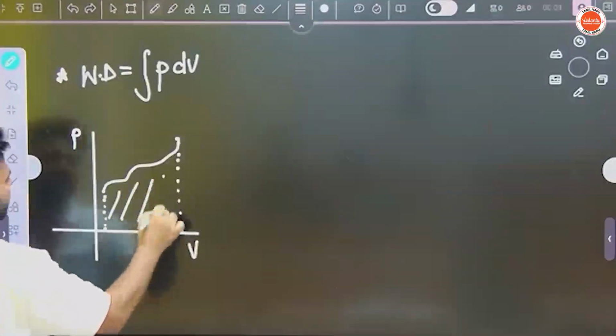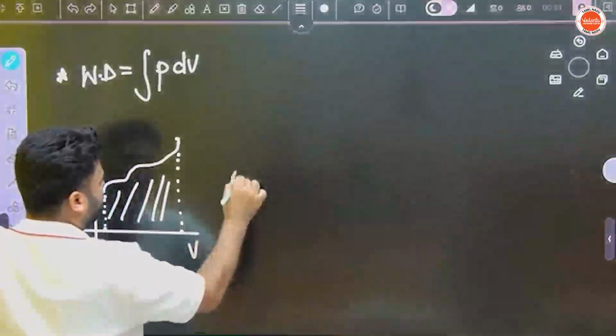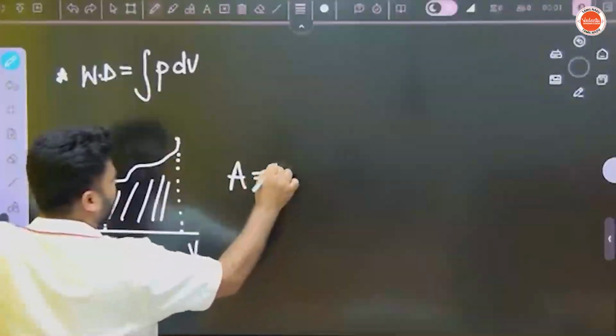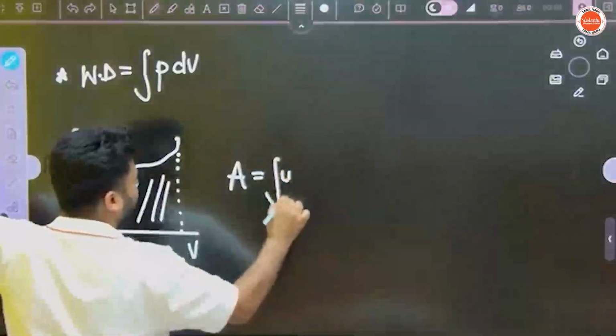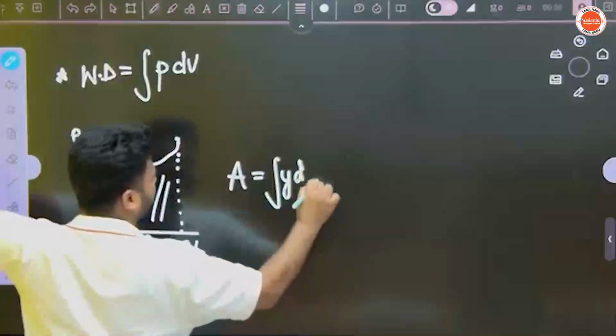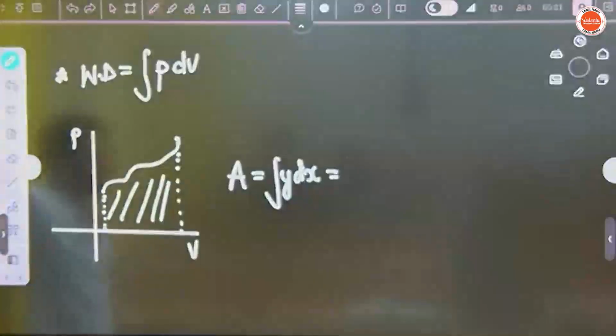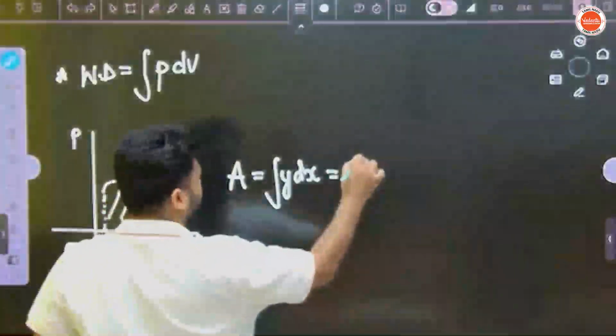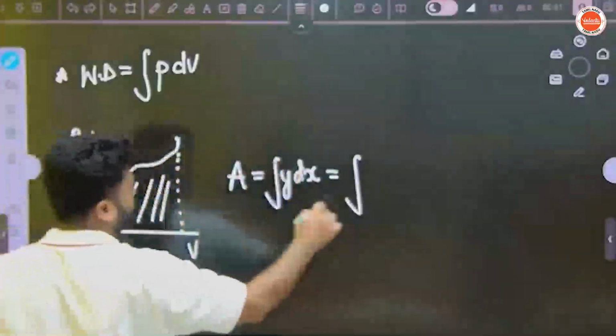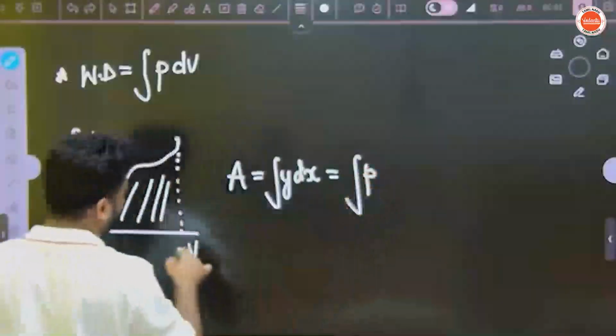The general formula for area is the integration of y dx. This is basic mathematics, you can see the lecture. Here in place of the y axis we have pressure, in place of the x axis we have volume.